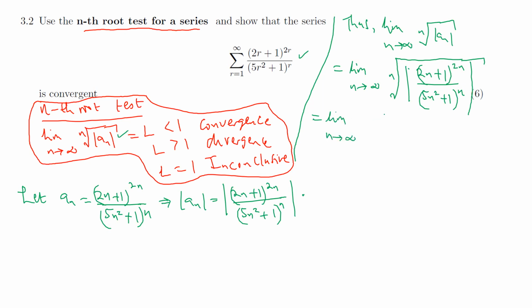Right, so if you take the nth root, it will basically become the nth root of the top and the nth root of the bottom. So it becomes the nth root of (2n plus 1), and this becomes the nth root of (5n squared plus 1).